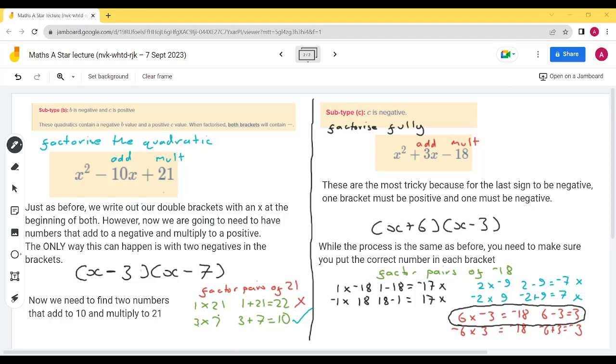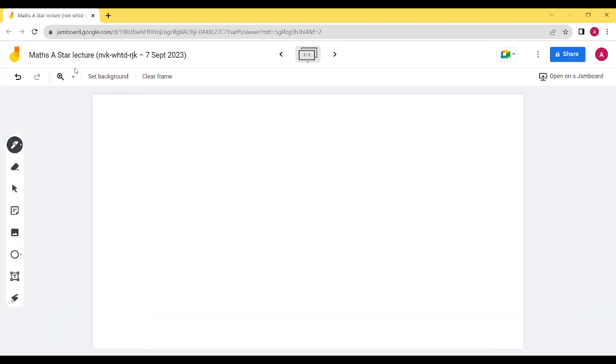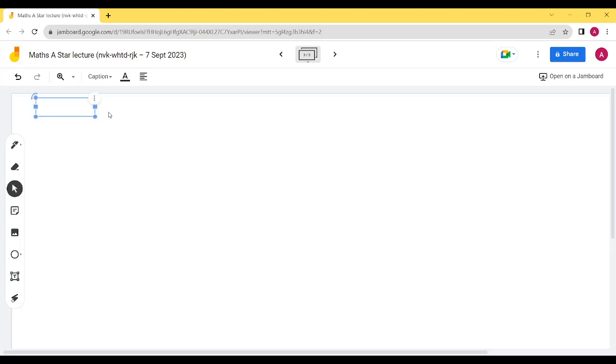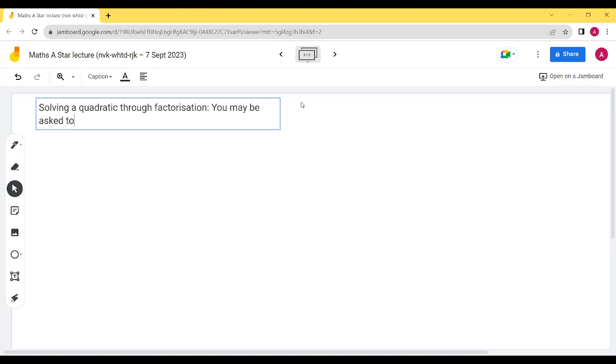But we're just going to show a quick example as well of solving a quadratic through factorization. So you may be asked to solve a quadratic.